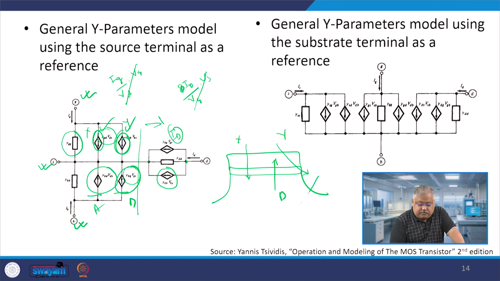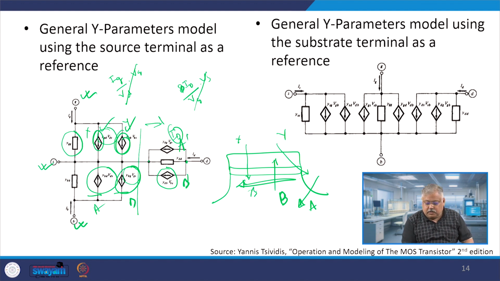It is at this particular point. So there are 4 currents flowing, and because of that there are 4 admittance parameters available to me. This is the current which flows here. Let me name it A prime B prime.